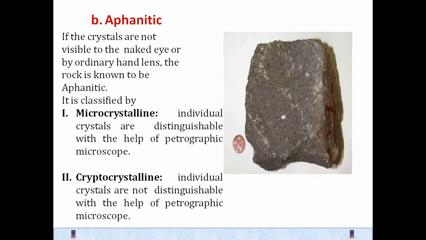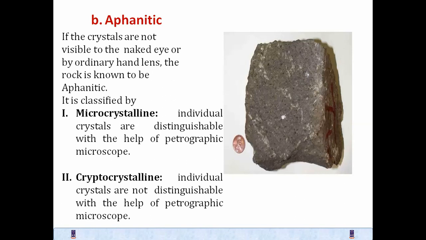The rocks which consist of very small minerals that we can't identify with our eyes, we have to study under the microscope. Under the microscope we can identify the individual minerals and their characteristics.